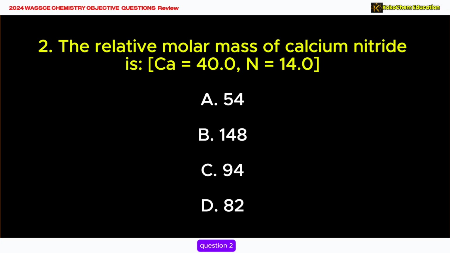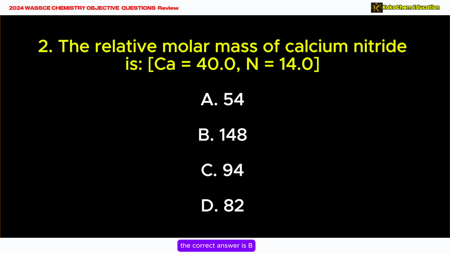Question 2. The relative molar mass of calcium nitride is, take calcium Ca to be equal to 40.0, nitrogen N to be equal to 14.0. A. 54, B. 148, C. 94, D. 82.